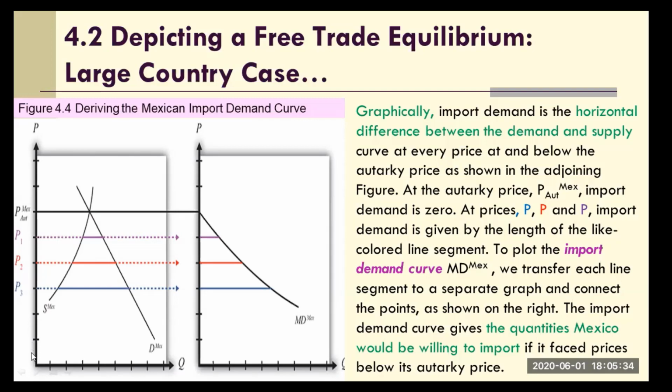Since the price is low, more demand is encouraged in Mexico when you subtract supply from demand, because with a lower price Mexicans are encouraged to demand more.